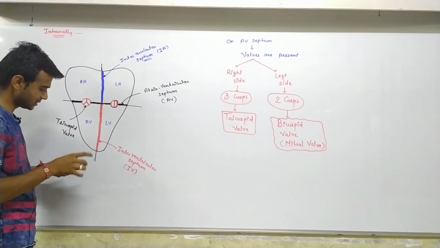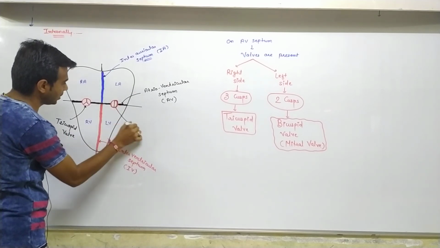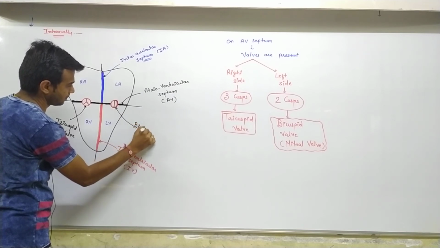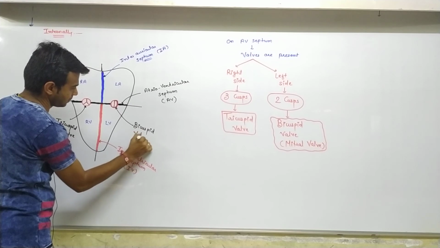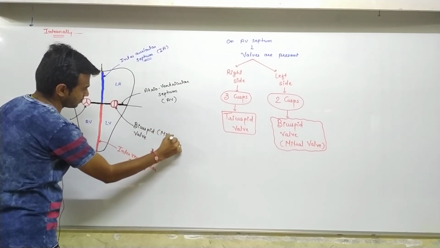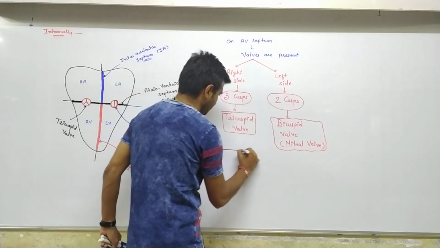This is known as the bicuspid valve or mitral valve.